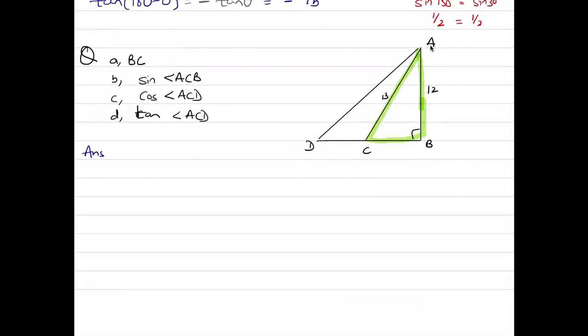Sir, we will apply the sine ratio. But why? The angle is not given yet. I have to find the length of BC. In this right angle triangle, I have the hypotenuse available and one side available, so we will apply the Pythagoras theorem. So 13 square is equal to 12 square plus BC square. 13 square is 169 minus 144 gives 25. Square root of 25 gives you 5.